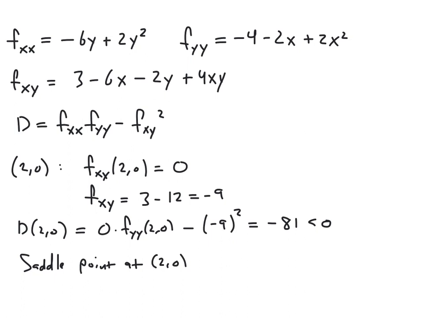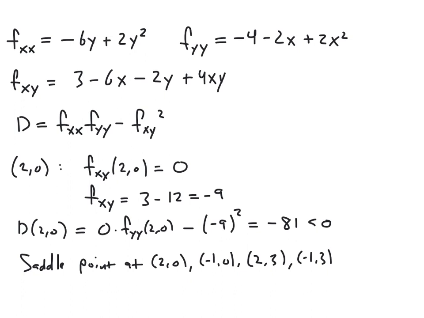Now, I'm going to let you try the rest of these on your own. I'll tell you what the answers are, but the actual evaluation part is just very tedious. None of this is difficult. It's substituting particular x and y values into the 3 second order partials at the top, subtracting, and determining if that number is positive or negative. It turns out that you will also get saddle points at (-1, 0), (-2, 3), and (-1, 3).